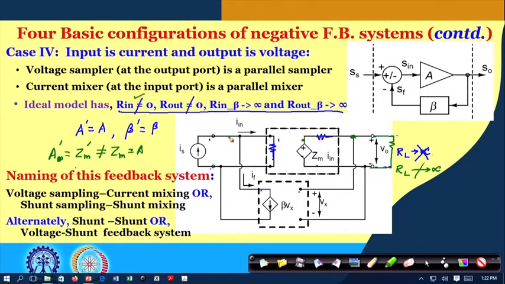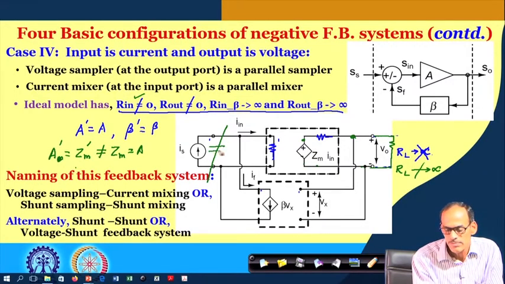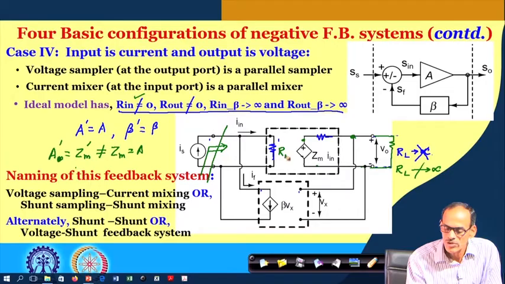whenever I have a non-zero value of input resistance, then if you look into this port, the input resistance of the feedback system will not be the same as R in.